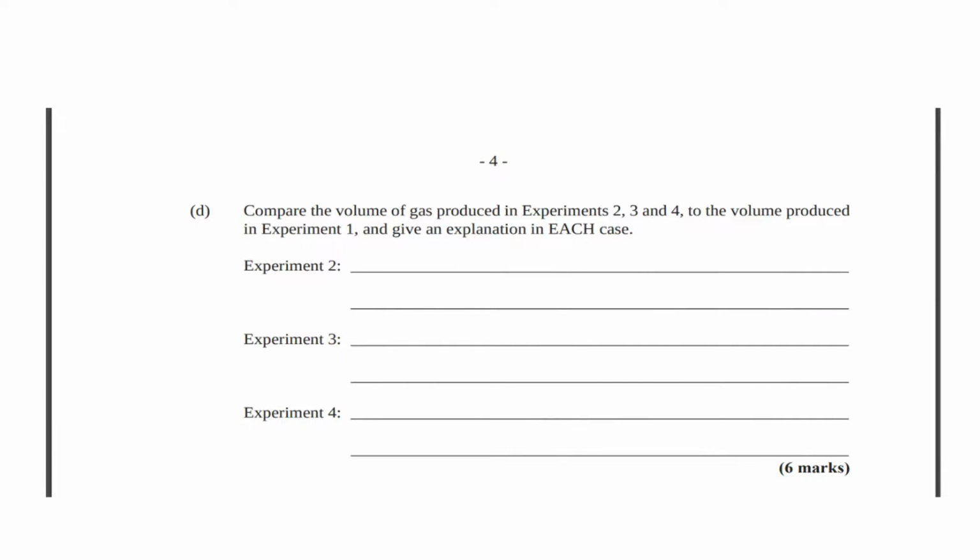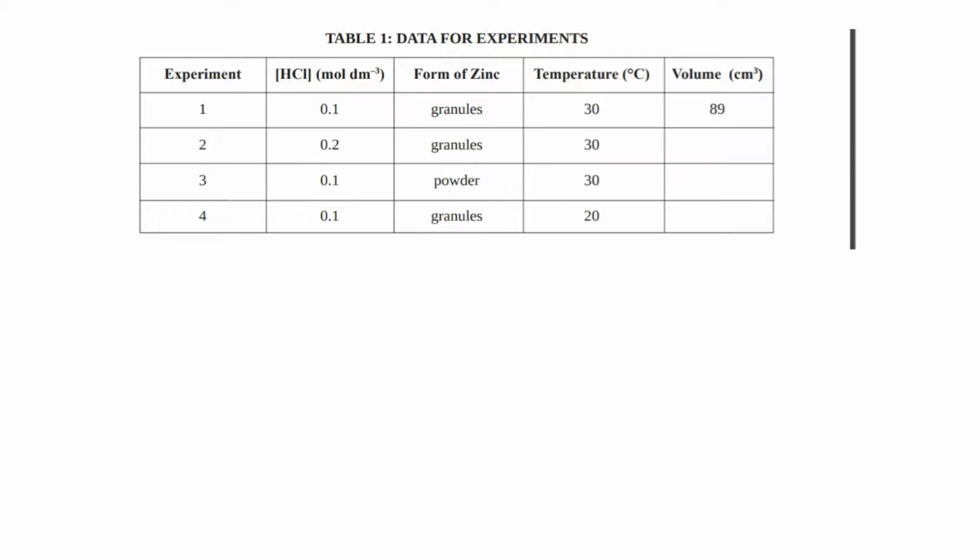Then that's the next question, which is the final question, I think. Compare the volume of gas produced in experiment 2, 3, and 4 to the volume produced in experiment 1 and give an explanation in each case. Now, let's go back and fill out so we have some here to work with.